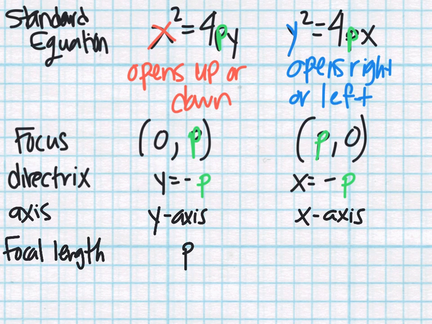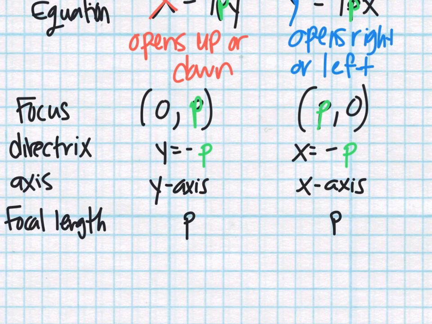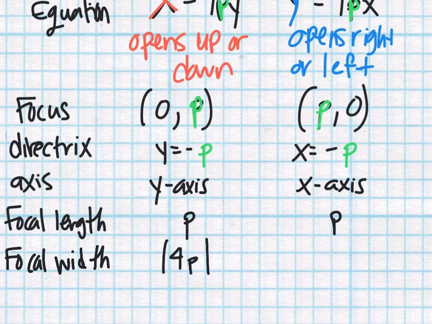For both of these is p. Focal width. Is going to be the absolute value of 4p for both of these. So if you know the formula, you can now find all of these cool things.